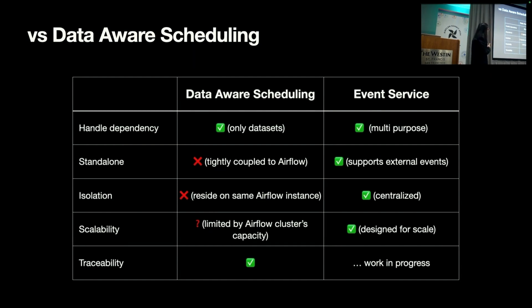Coming to scalability, it could be limited by the capacity of that particular Airflow cluster. However, event service is designed for scale. Traceability. Airflow provides an amazing traceability view for data-aware scheduling by giving the view of dataset readiness at your pipeline level, and it also gives a very good lineage view for the datasets. This is still work in progress in event service.